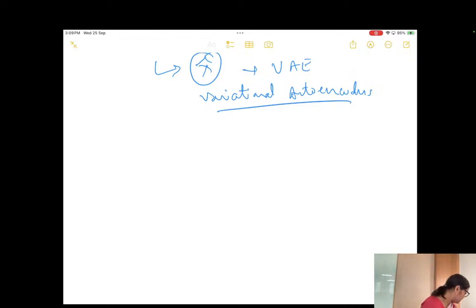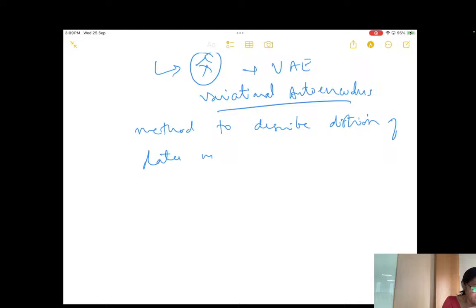So what is the variational autoencoder? It provides the method to describe the distribution of data in the latent space.